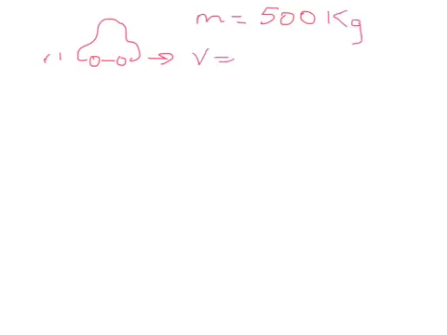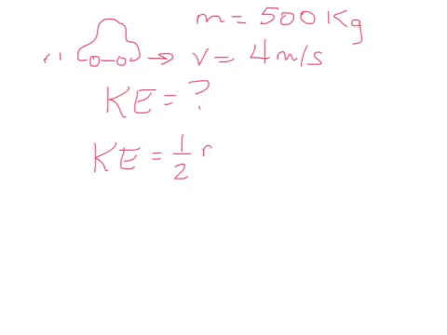So let's say our little car is moving along and has a mass of 500 kilograms. It's moving at a velocity of 4 meters per second. Well, how much kinetic energy does it have? Kinetic energy is equal to 1/2 mass times velocity squared.